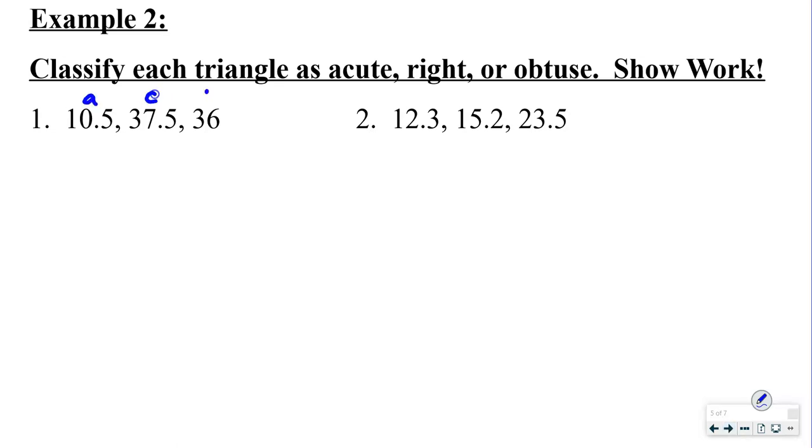10.5 can be my A. 36 can be my B. So I would have 10.5 squared plus 36 squared equals 37.5 squared.